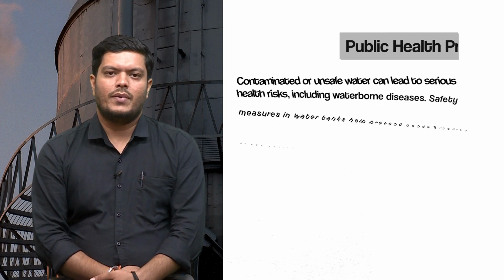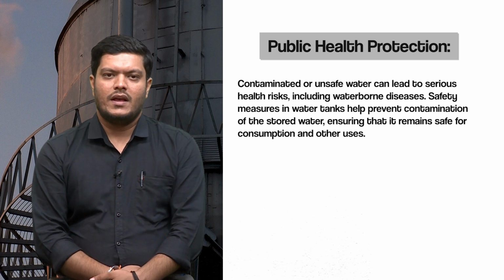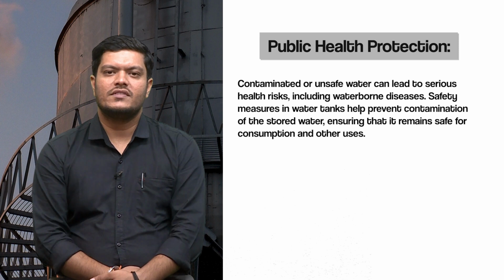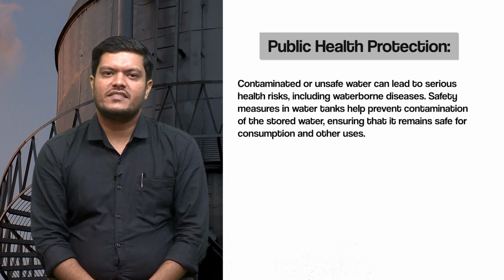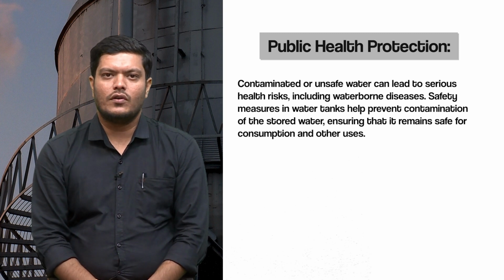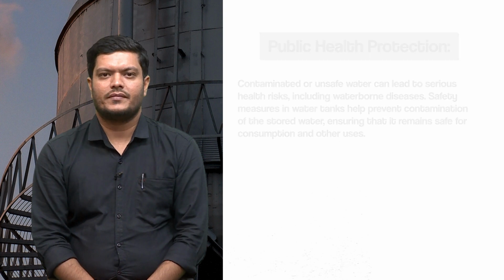Number 1. Public health protection. Contaminated or unsafe water can lead to serious health risks, including waterborne diseases. Safety measures in water tanks help prevent contamination of the stored water, ensuring that it remains safe for consumption and other uses.